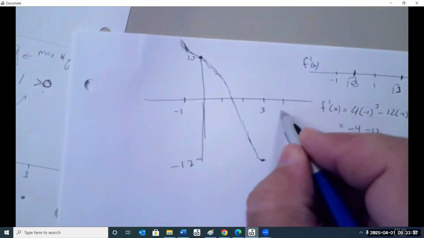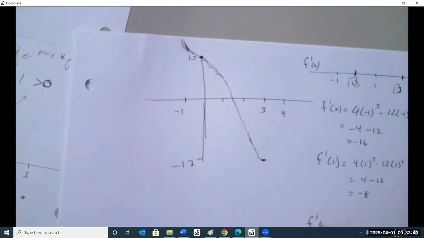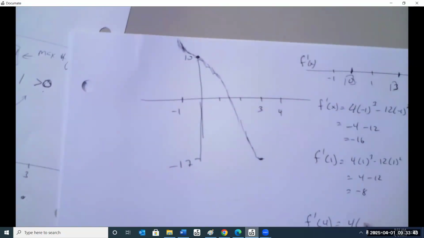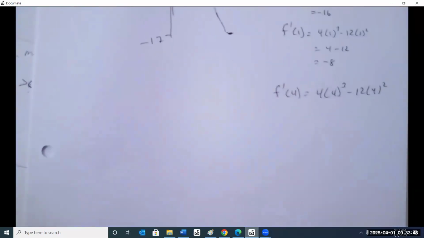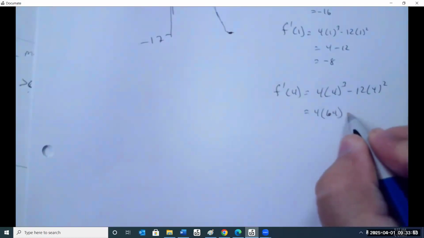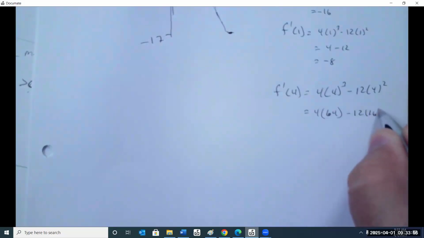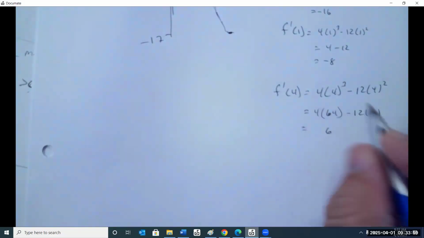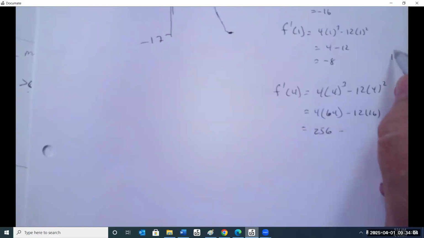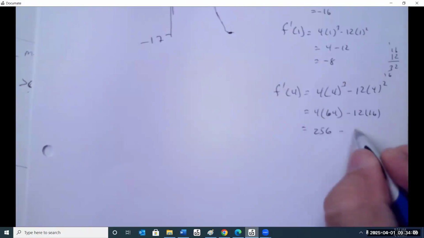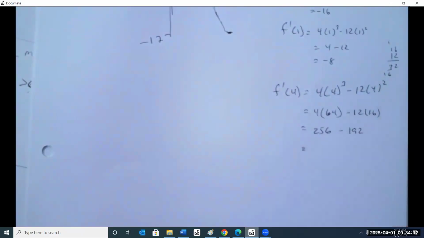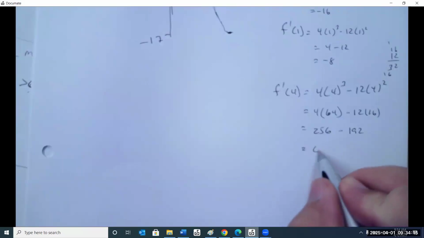And then at 4, we have 4 times 4 cubed minus 12 times 4 squared. 4 cubed is 64, times 4 is 256. 12 times 16 is 192. 256 minus 192 is 64.